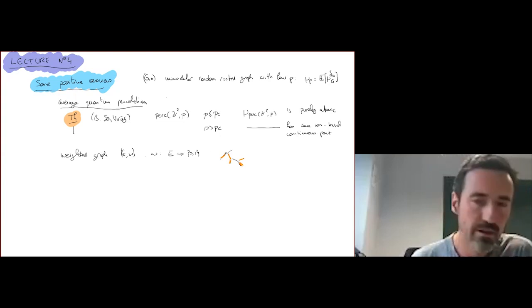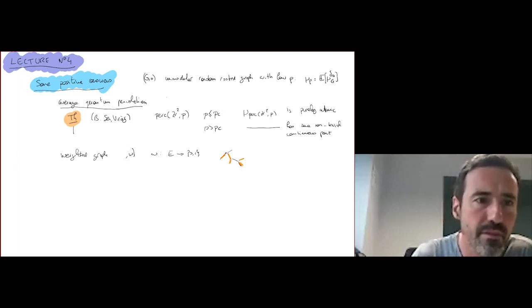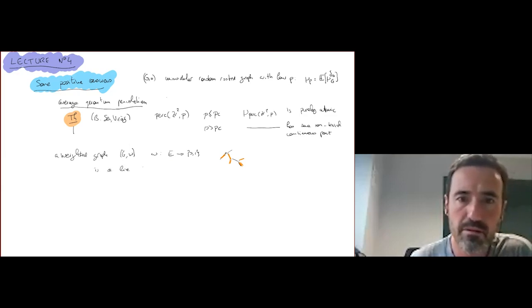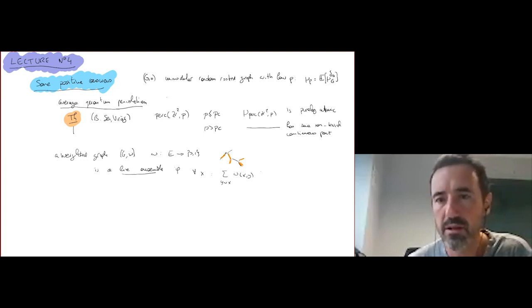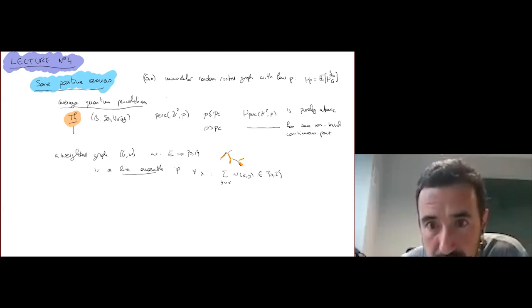You will say that a weighted graph is a line ensemble if for any vertex x, the sum of W_{x,y}, where y is a neighbor of x, so an edge of the graph, belongs to {0, 2}. We call that a line ensemble because it means that you can represent this by a union of disjoint lines.